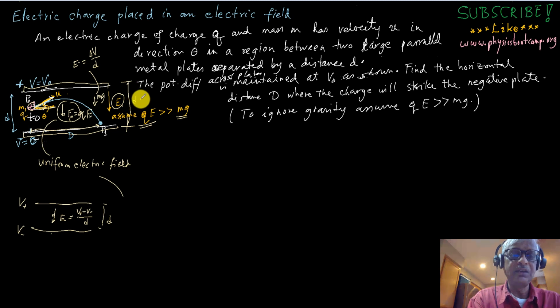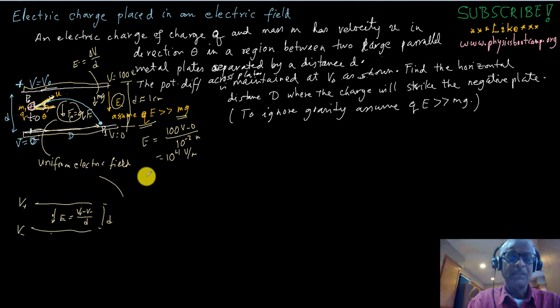If this d is 1 centimeter and this V is say 100 volt, then what's the E? E will be 100 volt minus 0 volt over the distance, 1 centimeter, which is 10 to the minus 2 meter. So you get 10 to the 4 volt per meter.